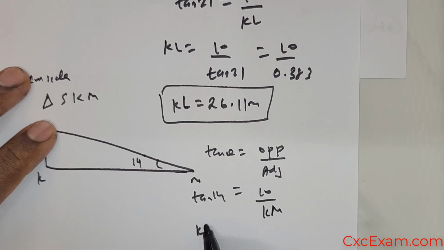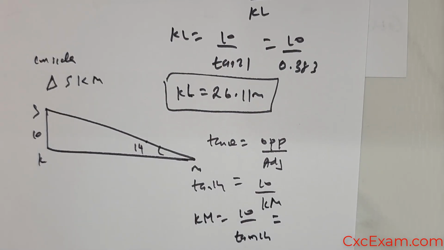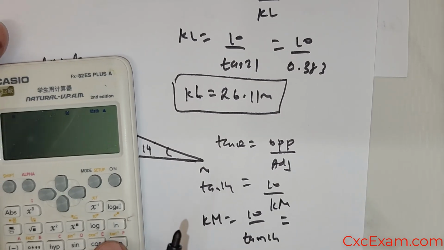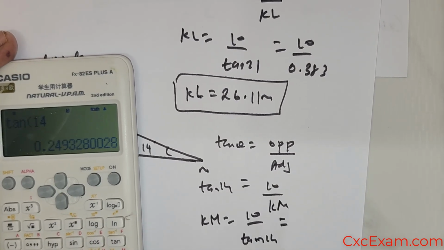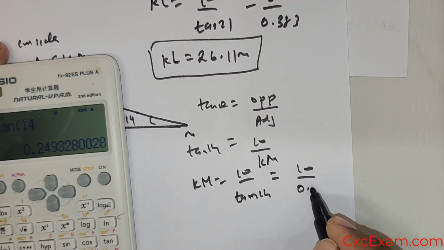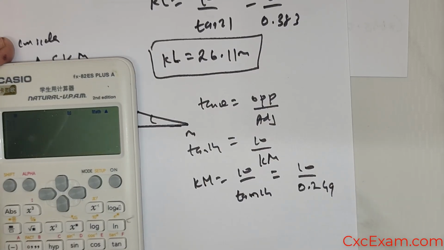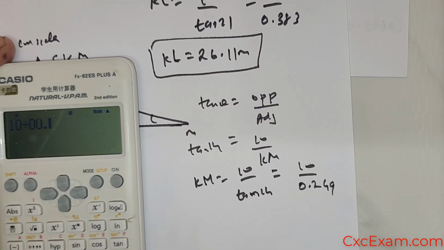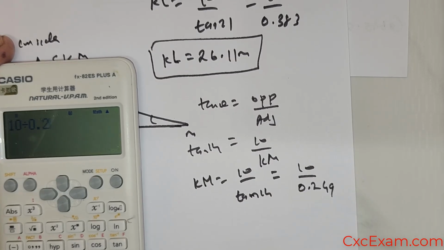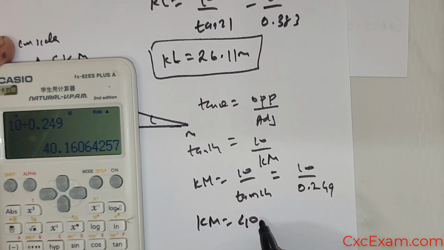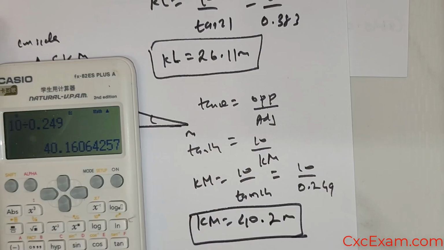So KM is going to be 10 divided by tan 14. What is tan 14? Tan of 14 is 0.249. So 10 divided by 0.249, KM is equal to 40.16. So you can take it as 40.2 meters.